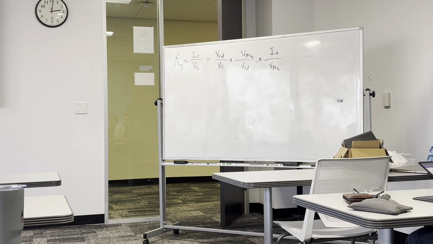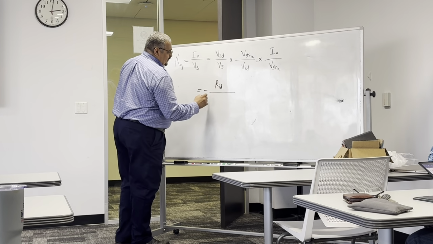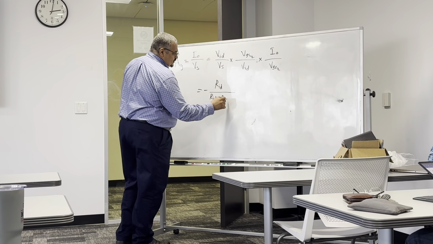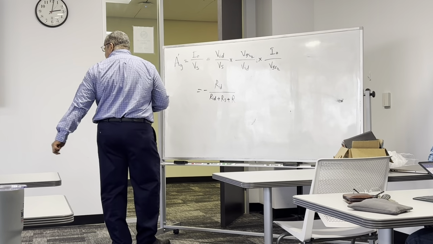If this has negative gain and this positive gain, if this was positive, then the loop gain is going to be negative, which is wrong. If you have a negative A times beta, this is a positive feedback. So if this provides negative, this also has to provide a negative, so they cancel each other. Okay? That's correct. This is good. So this is negative R input differential divided by R input differential plus RS plus RF.